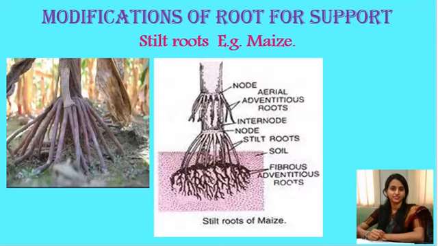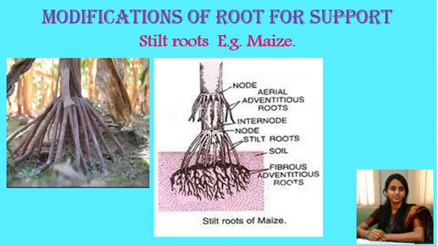In case of maize, jowar and sugarcane, some adventitious roots are modified for mechanical support. Here look at this, this is the node which is present towards the soil surface. This is a basal node, and from this node some structures have developed and they reach the soil surface and provide proper anchorage.